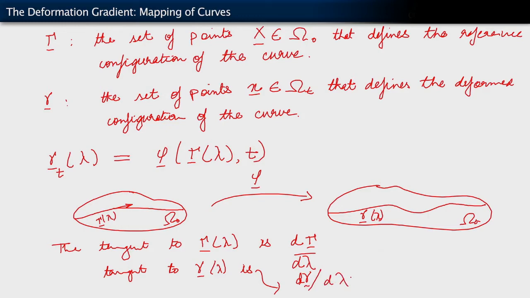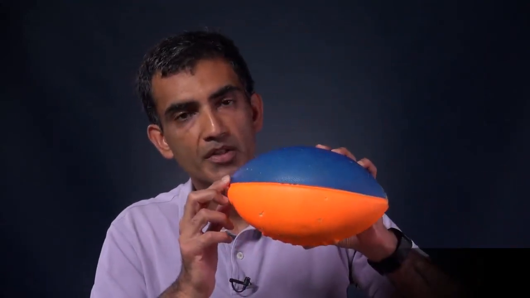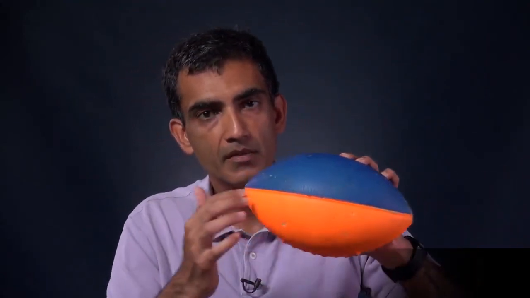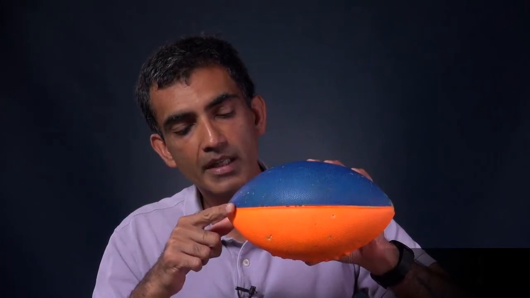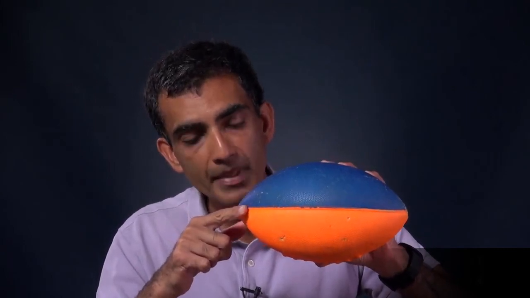So now, we asked ourselves the question, how do we describe this curve being deformed? We can reduce that question to asking ourselves, how do we define the mapping of the tangent to the reference curve here? So my index finger here indicates the tangent to the reference curve.